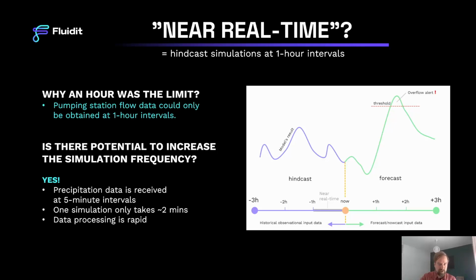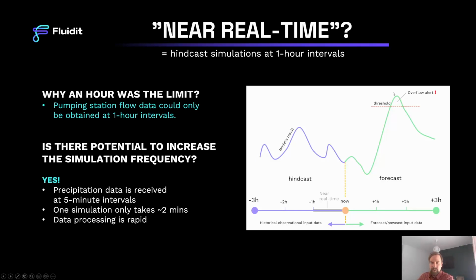And then the data processing after that is also very rapid. So basically you could shorten the interval to a much shorter time if the pumping station data would be a bit more frequent. But there are always some bottlenecks in the process, and we are working through to get all the data updated more frequently in the future.